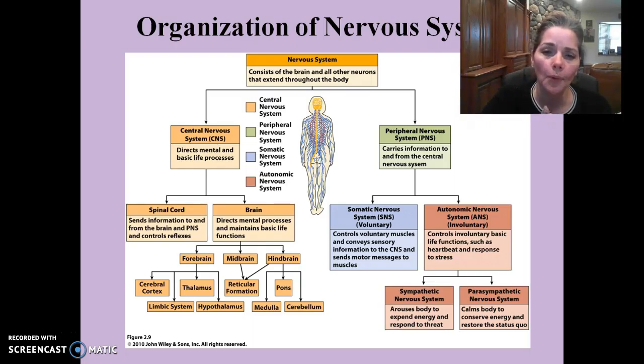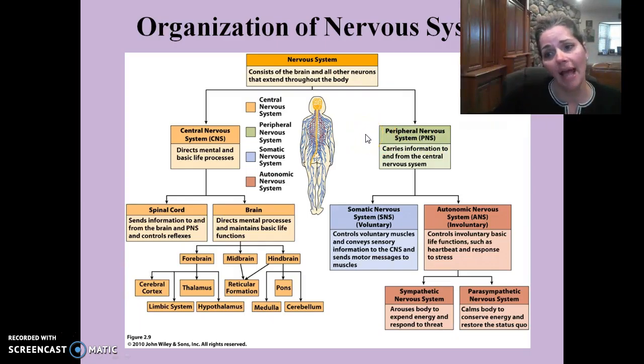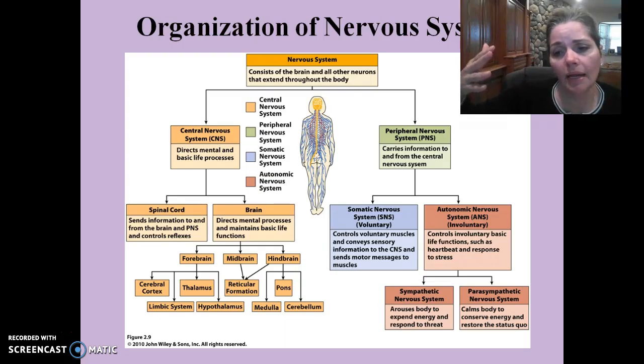Then the peripheral nervous system, if you think of periphery, it's the stuff on the outside, and that actually controls our somatic nervous system, soma meaning body. It governs the senses of temperature, touch, and pain that we feel in our extremities, takes those messages to the brain, or the brain gives the messages to move our hand in a particular way.